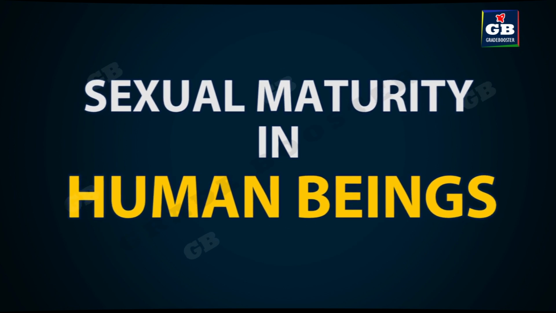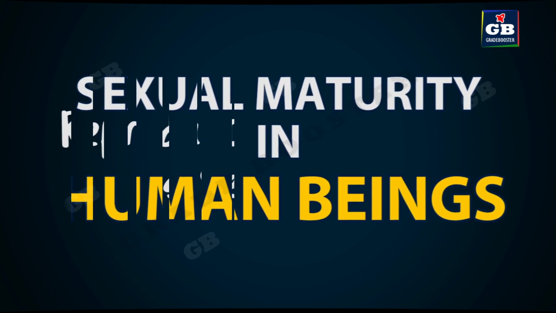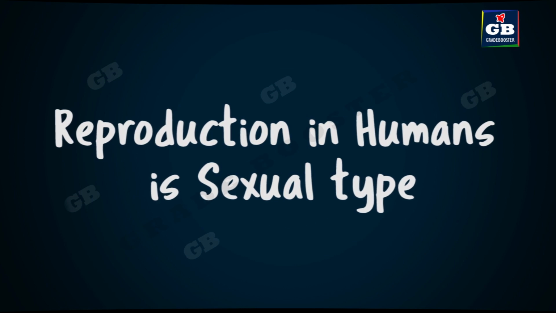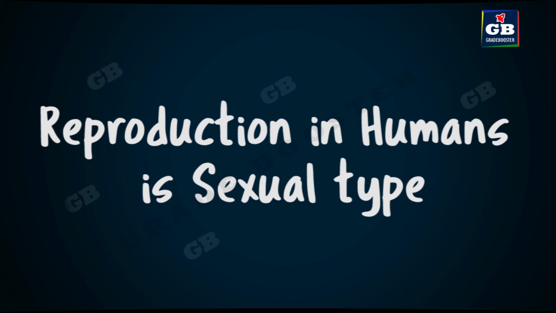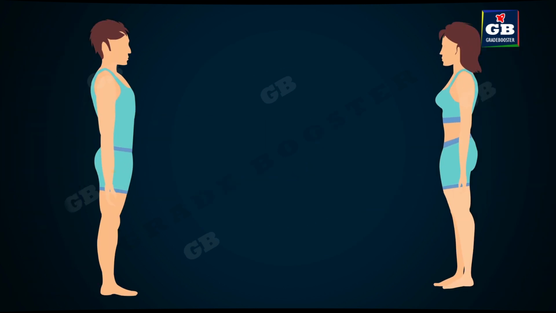Sexual maturity in human beings. Reproduction in human beings is sexual type and involves 2 organisms, one male and one female. Sexual reproduction means the fusion of male and female gametes.